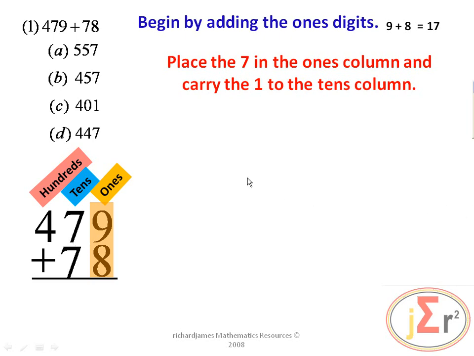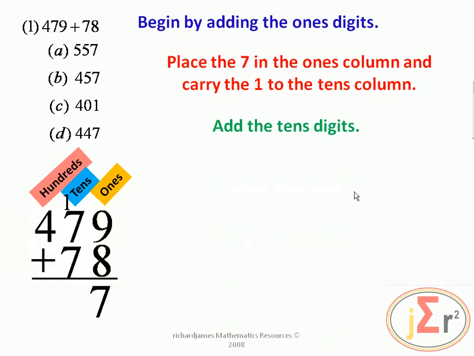Therefore, when we get a sum of 17, the 7 will be 7 ones, and the 1 will be what? Tens. So the 1 will go in the tens column. That is why we say place 7 in the ones column and carry 1 to the tens column.